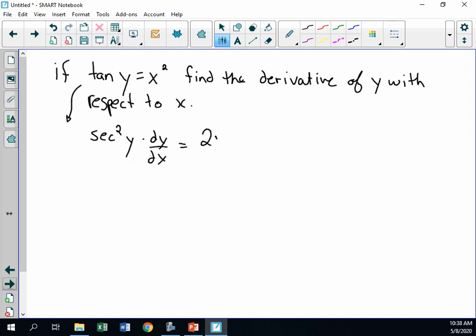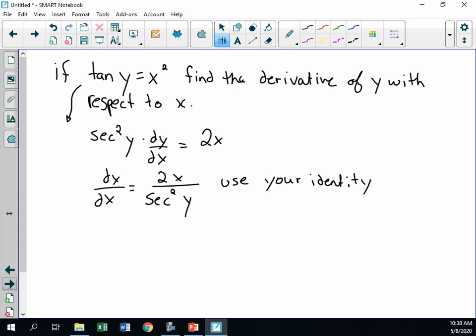And the derivative of the other side is 2x. So we're going to get dy dx equals 2x over secant squared y. Use your identities. And what we end up getting, dy dx, is 2x cos squared y. I can make an extension to this. I can say find the slope of the tangent line, but we will leave it there.